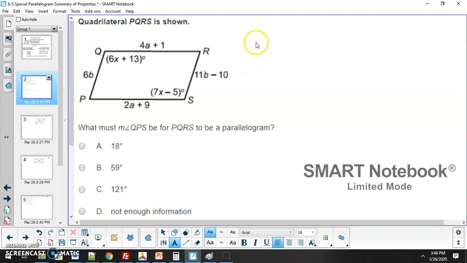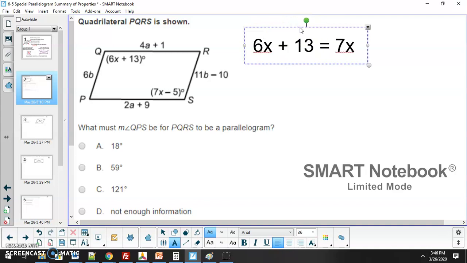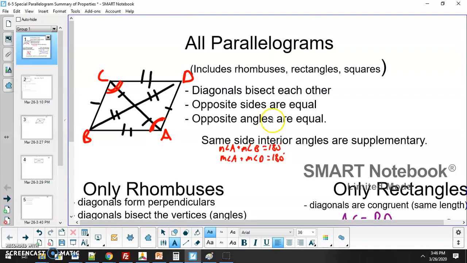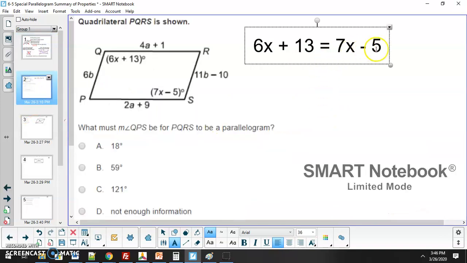You might be able to do it mentally, but probably not. In a parallelogram, what property am I using here? Opposite angles are equal. So we need to solve for x.